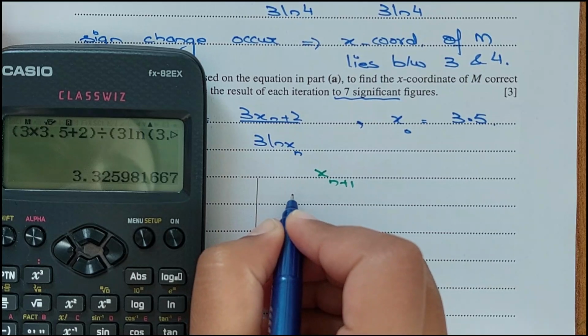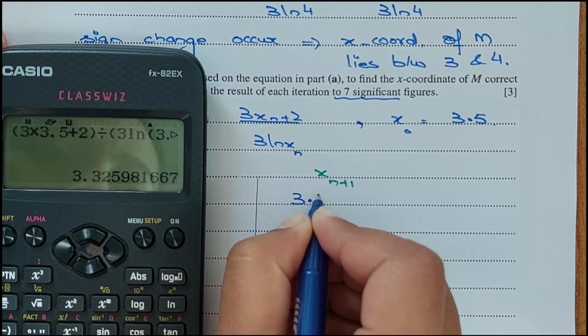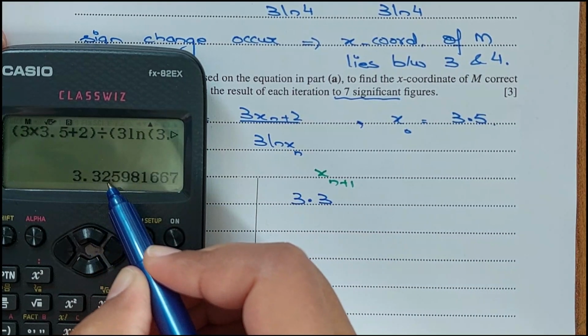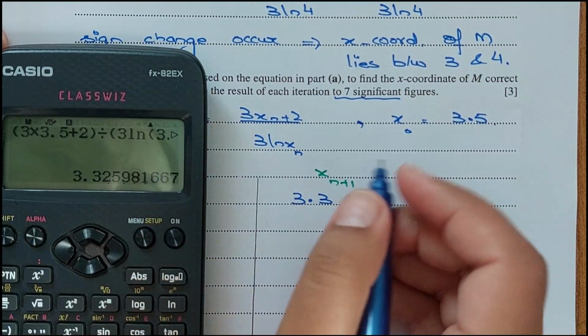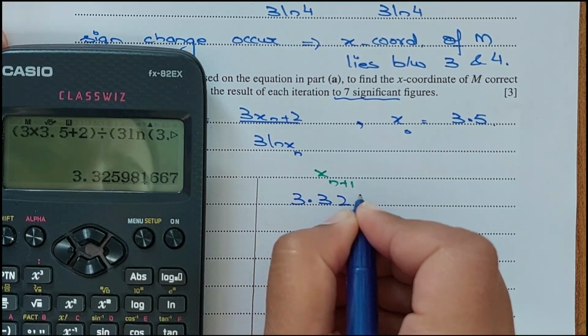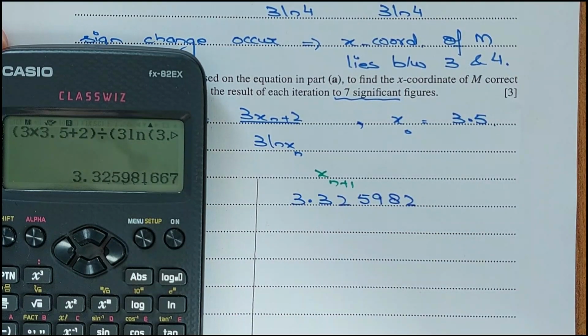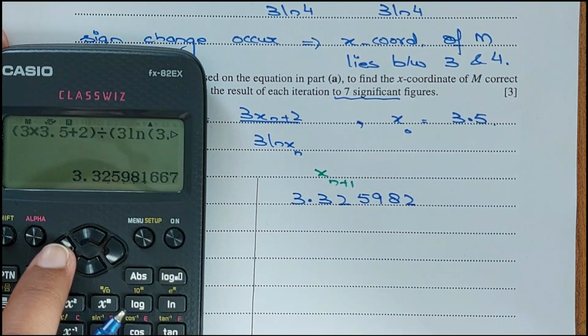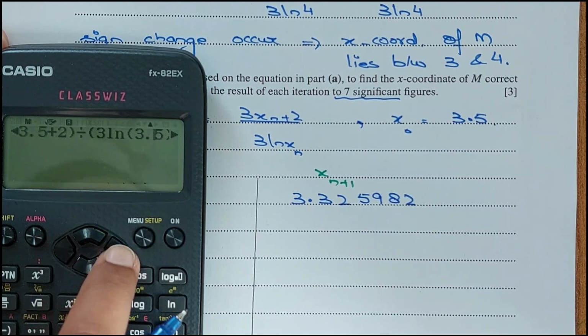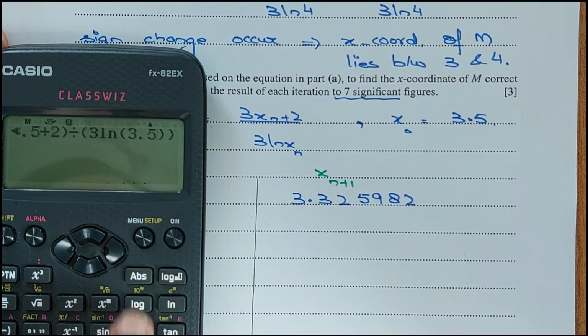Up to 7 significant figures, we have 3.312598 2. Okay, now we can put the answer here.